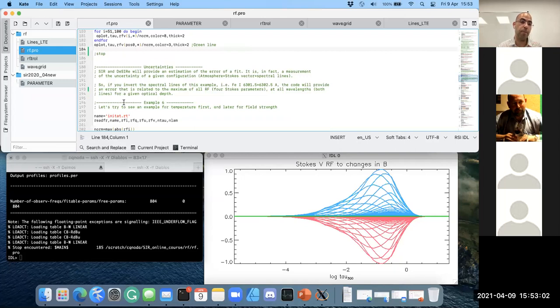So you will have an estimation of the error when you have a fit. It will tell you in which regions the atmosphere has a larger or a smaller error. And the idea is that this error is basically an uncertainty, and it comes from the response function. So let's try to see more or less how the code does it. And I think it's slightly different, but probably Basilio will... Okay.